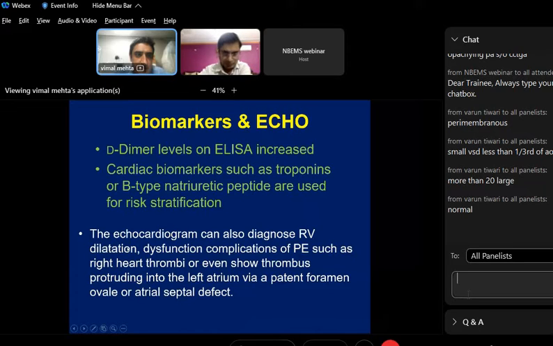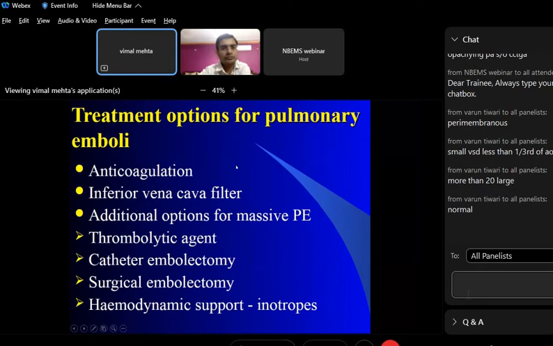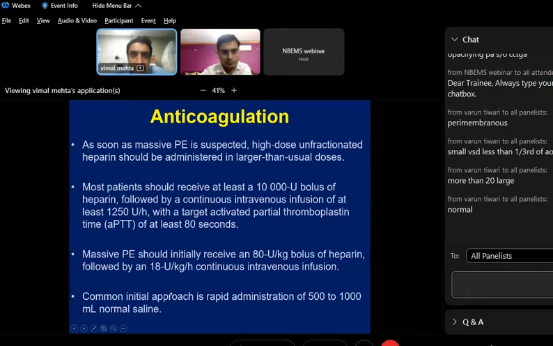But what about the anticoagulation? It is important to note that in patients who have massive pulmonary embolism, like the one we saw, the doses of unfractionated heparin are larger than usual, compared to what we do in cases of coronary cases.